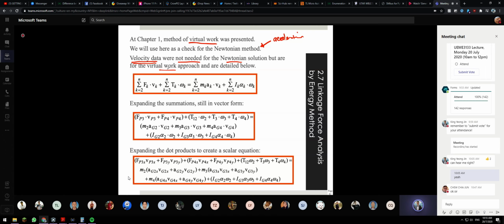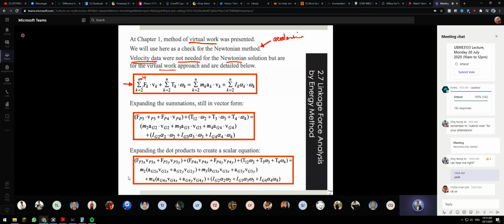So this is the equation we have, right? So K is the link, from link number 2 to the final link we have. So if we have a 4-bar linkage, it will be link number 2 to link number 4. So N will be 4.